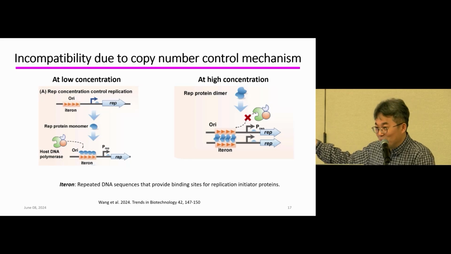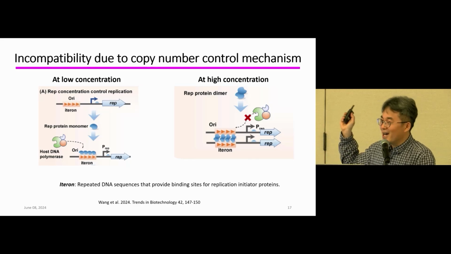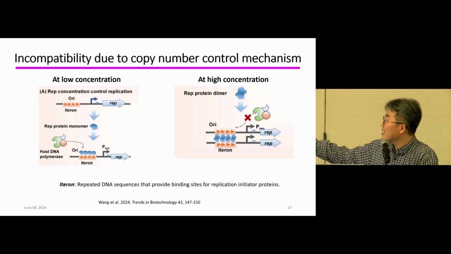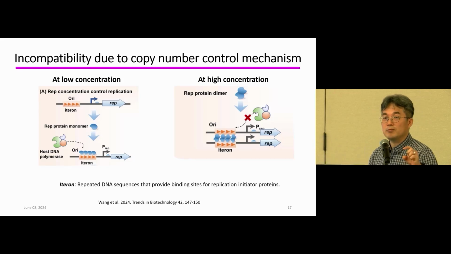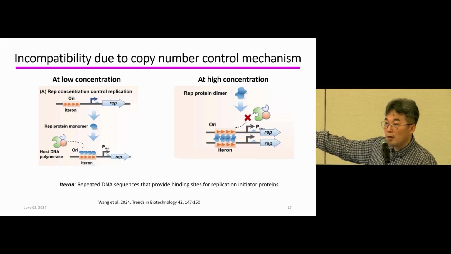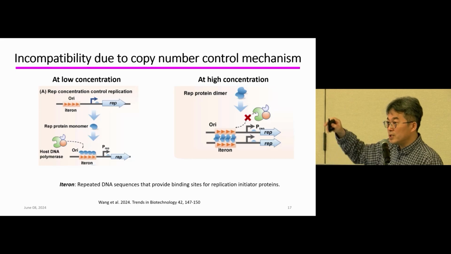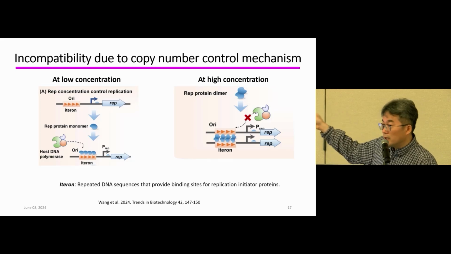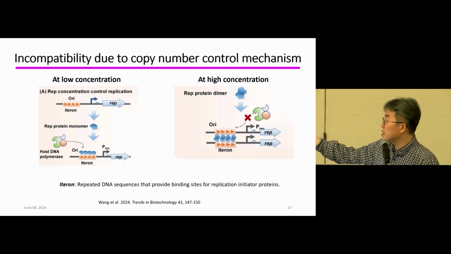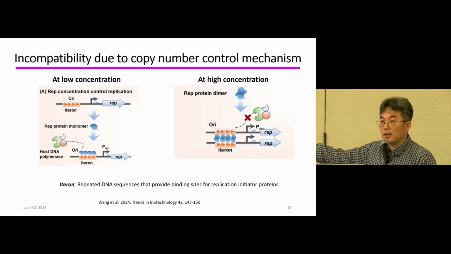Again, the RK2 plasmid backbone has been studied, and it has an iteron region, which is a repeat region where the replication initiator protein binds, right? At low copy number, meaning the plasmid copy number has not reached the maximum copy number per cell, the replication initiator protein will bind to the regulatory region and activate DNA replication.